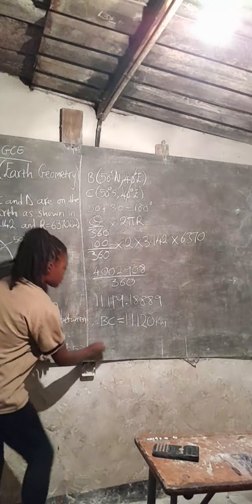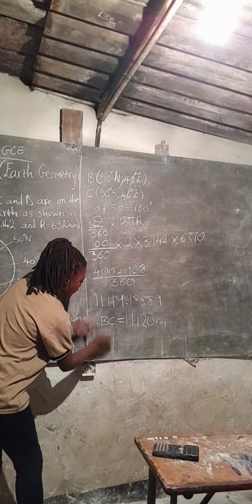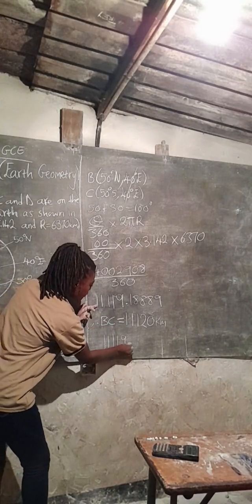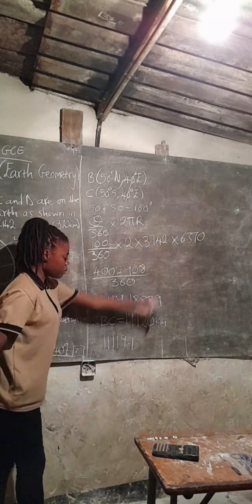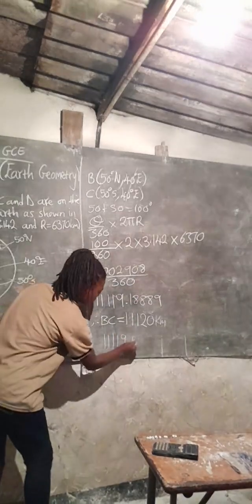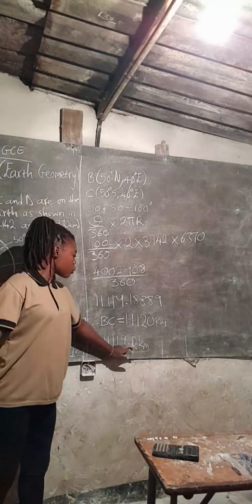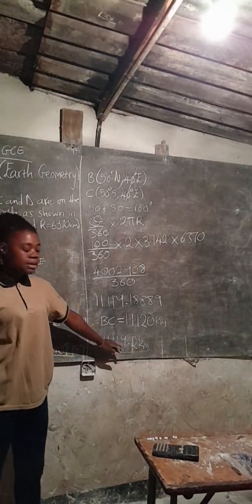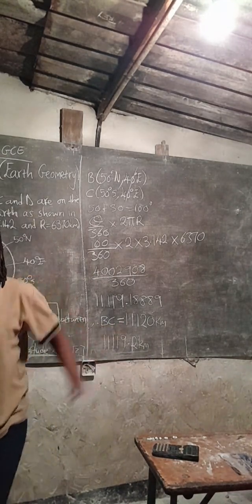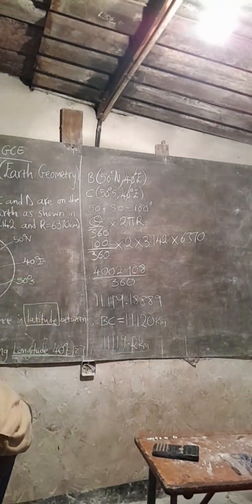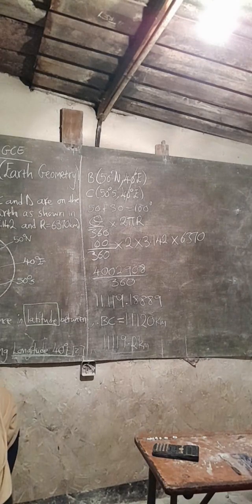Or if someone writes 1119.2 kilometers, rounded off to one decimal place, they will be correct. The first is a complete whole number. Helen also got the same figure, and the engineer too. Any other question?